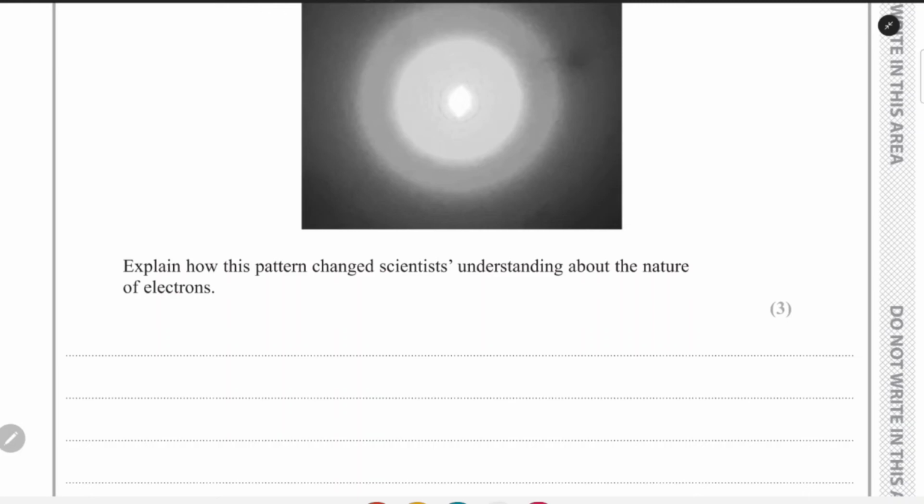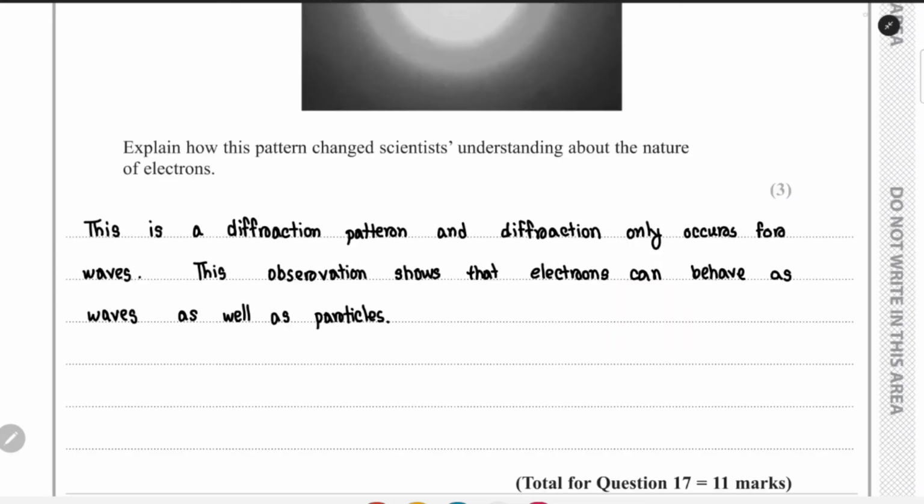Before this, we thought that electrons only behaved as particles, but this observation shows that electrons can also behave as waves. So we talk about how this diffraction pattern should only occur for waves, and hence this observation shows that electrons can behave as waves as well as particles.